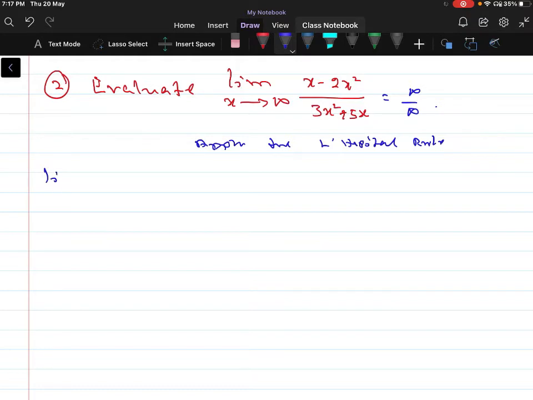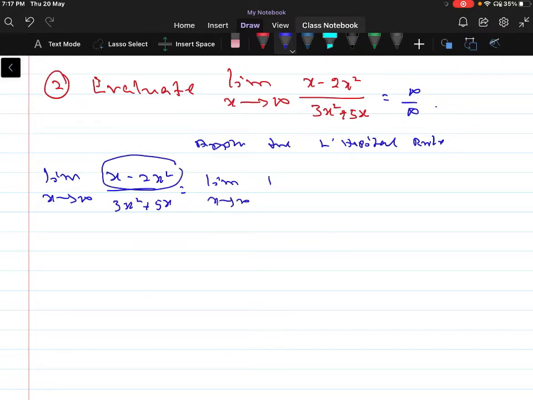So now limit as x approaches infinity of x minus 2x square by 3x square plus 5x can be written as limit as x approaches infinity, differentiating numerator and denominator: 1 minus 4x by 6x plus 5.